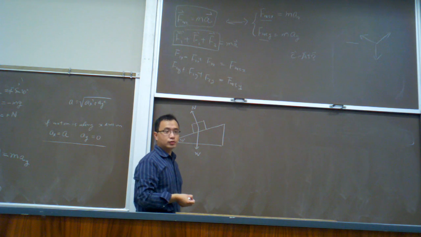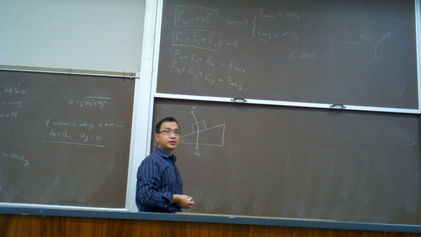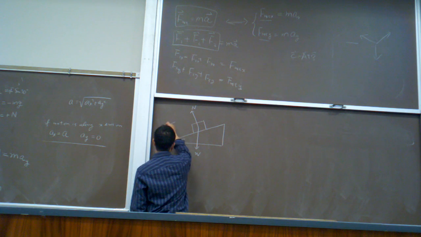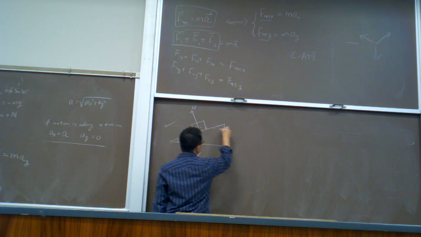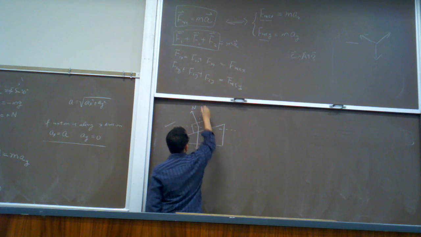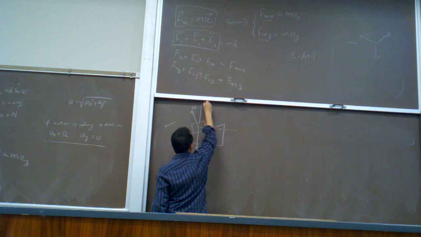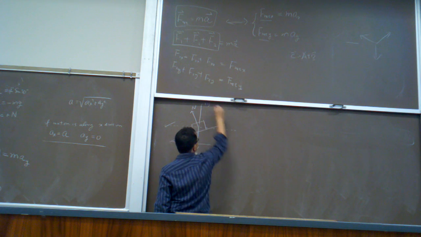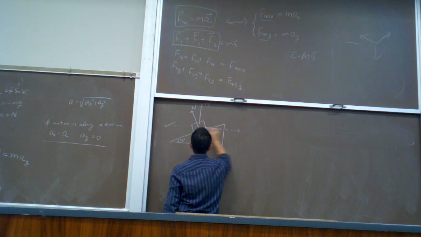Now, the next thing is to do vector decomposition to find all the x components and y components, so we can write down Newton's second law. First, let's set up the coordinates: this is the y direction, this is the x direction.